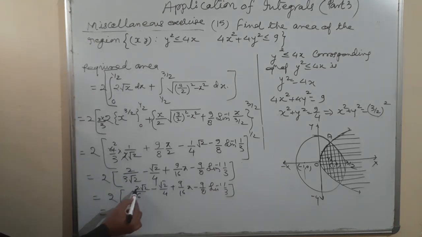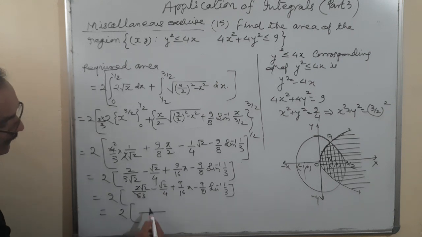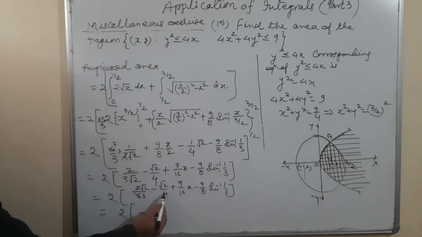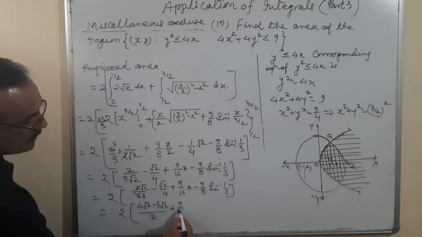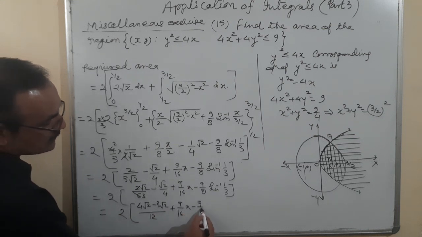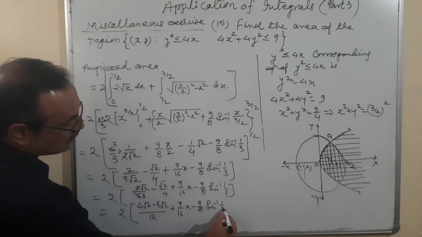Okay, 2 1s are 2, 3 4s are 12. So it is 2 outside, take LCM. LCM is 12. 12 divided by 3 is 4, 4 root 2 minus 12 divided by 4 is 3, 3 root 2 plus 9 upon 16 pi minus 9 upon 8 sine inverse 1 by 3.